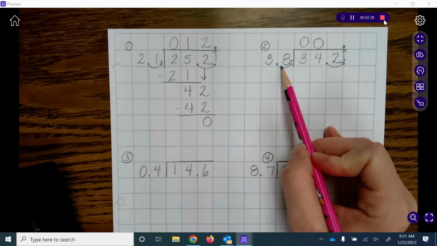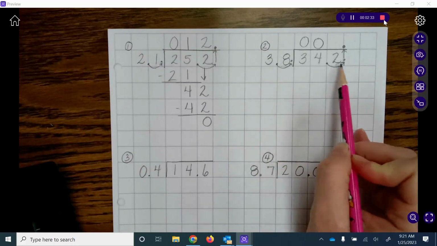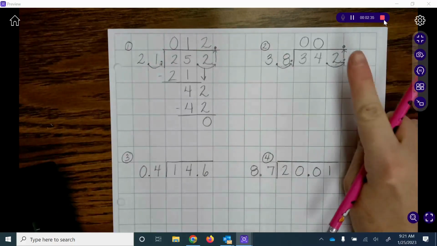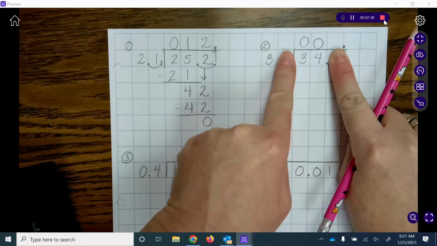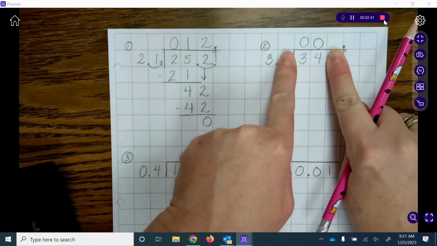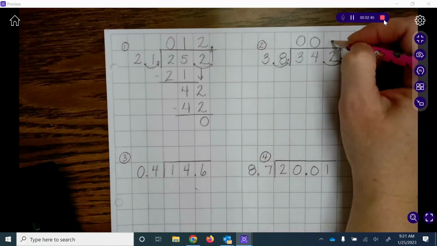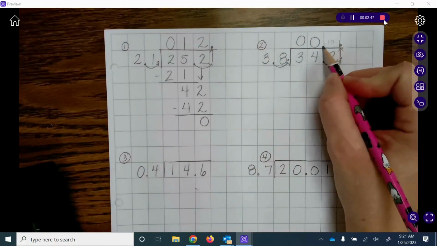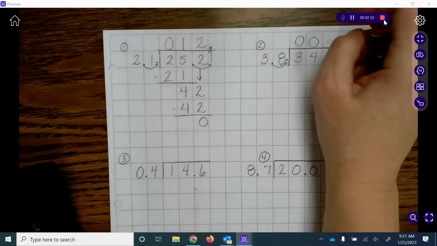38 can divide 342. To estimate how many times, I'm going to cover up the last digit in each number. 3 can divide 34 10 times. 10 is a 2-digit number and does not fit into this space above the 2. The largest number that I can put here is a 9.